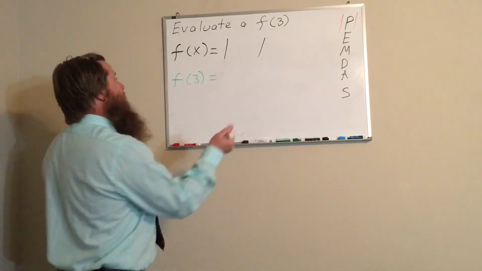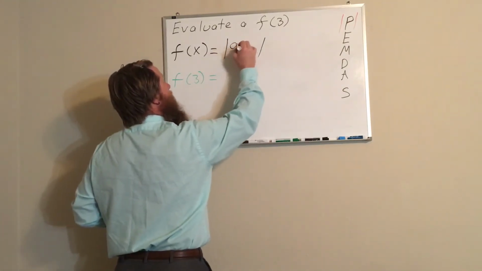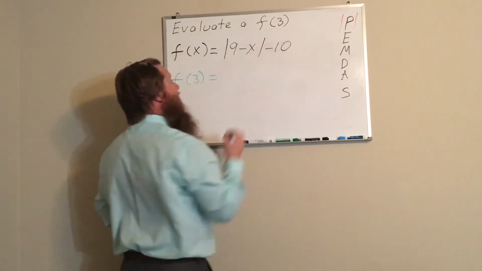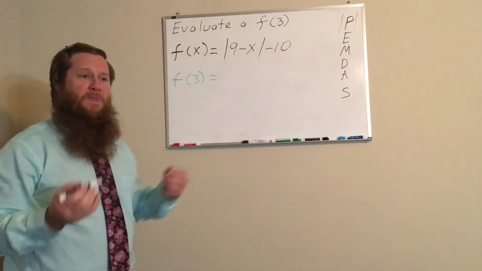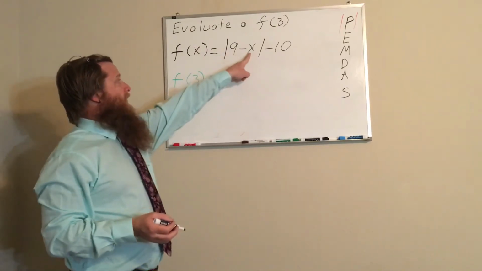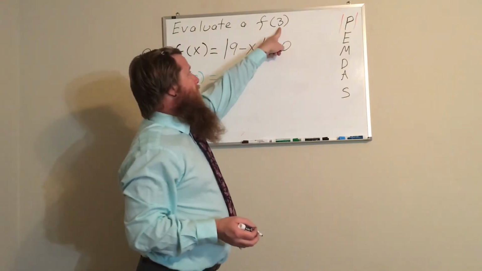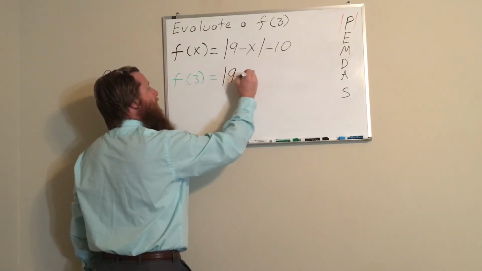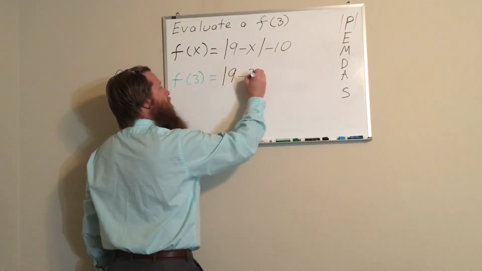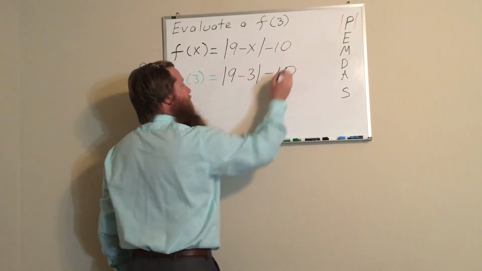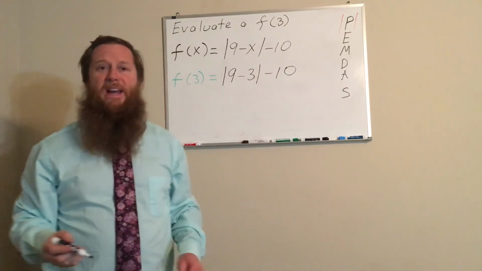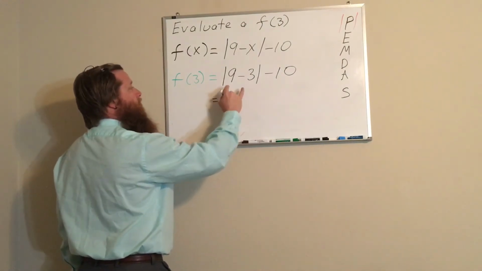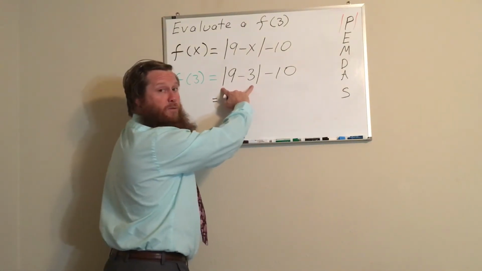This next example is going to say 9 minus the absolute value of x minus 10. As previously stated, for x, we're going to replace it with a 3. So I'm going to write 9 minus 3, absolute value, minus 10. So according to PEMDAS, we're going to start with our absolute values first.